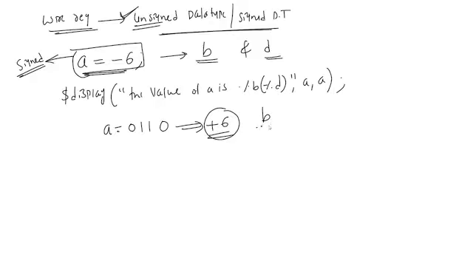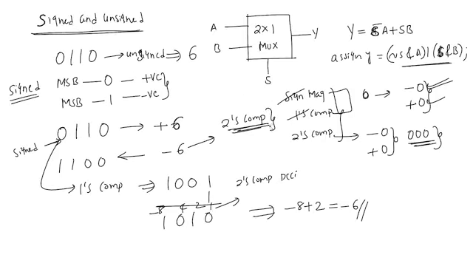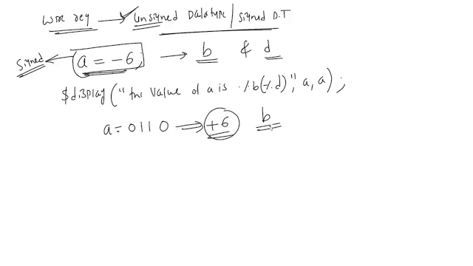It will display in binary, so what is the 2's complement for -6? 1010. So 1010 it will display, but in decimal it is treated as an unsigned number, so it will display 10. Did you understand?